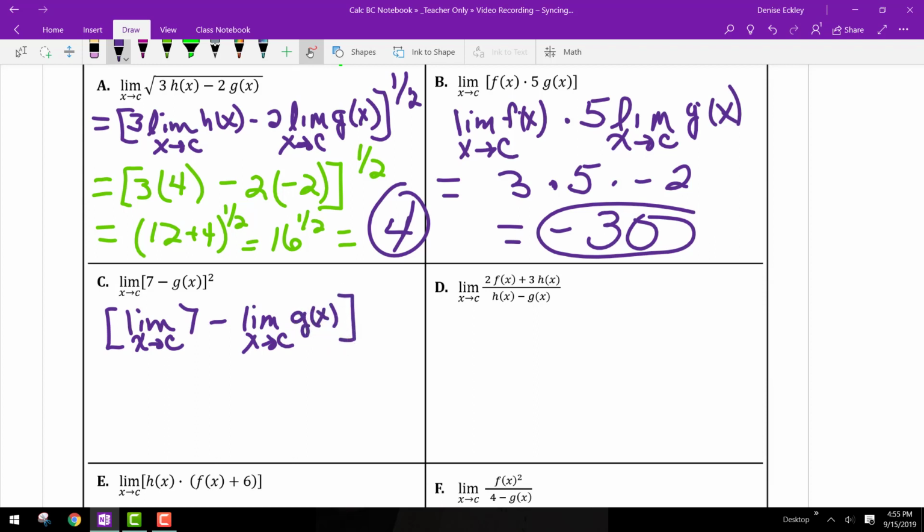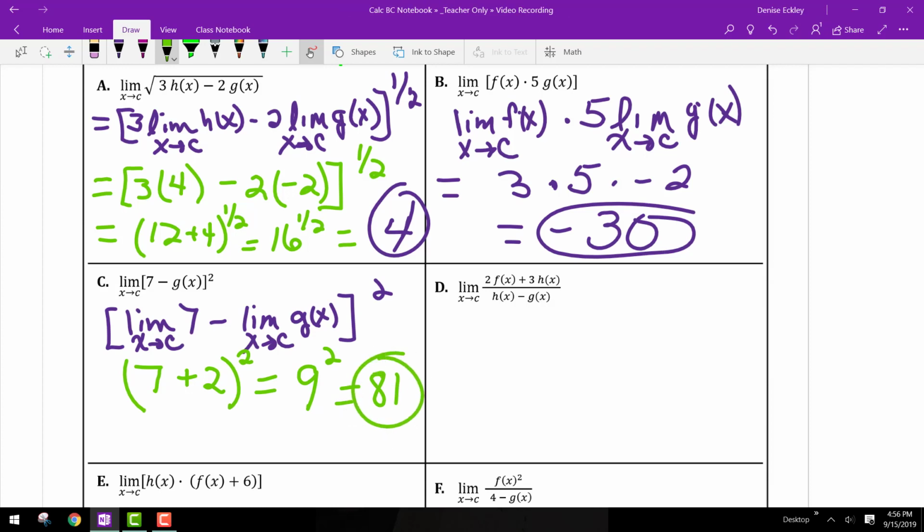And once we find those values, we're going to square it. The limit of a constant is, of course, that constant, so 7. The limit of g of x is -2, so this is going to become +2. And we're squaring that. So we're going to square 9. So our limit is 81.